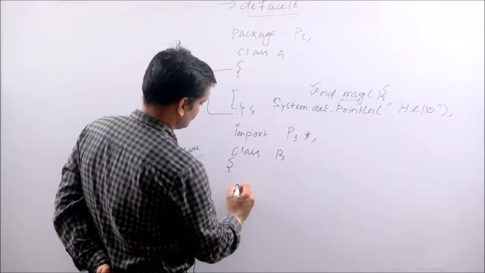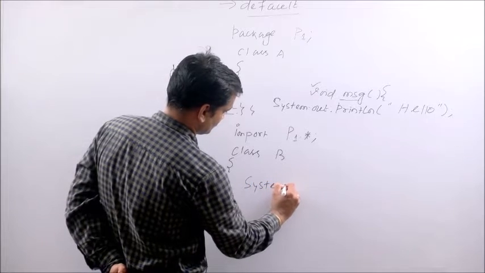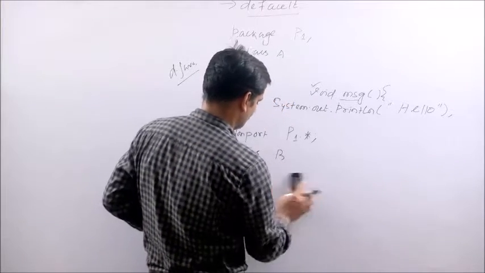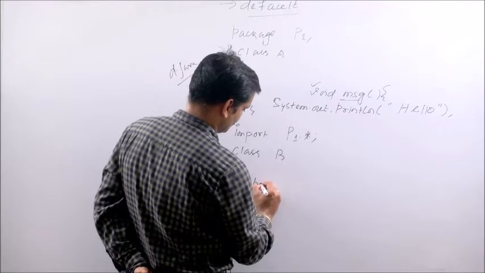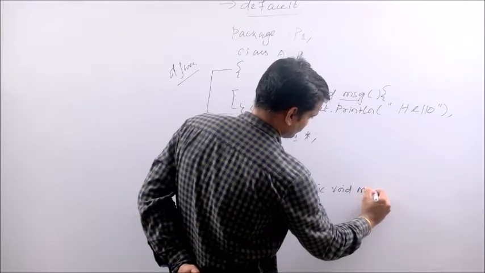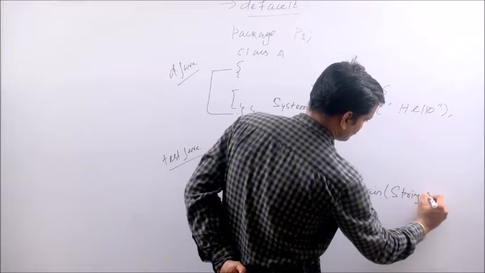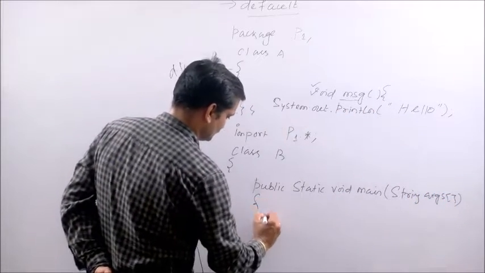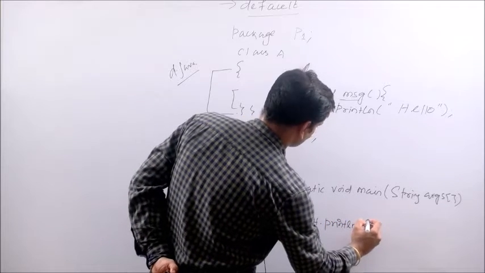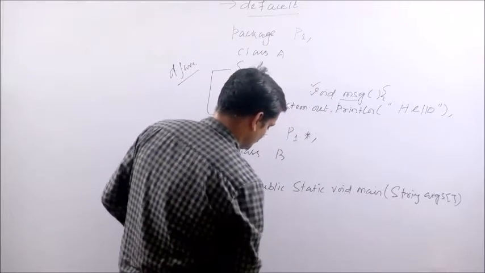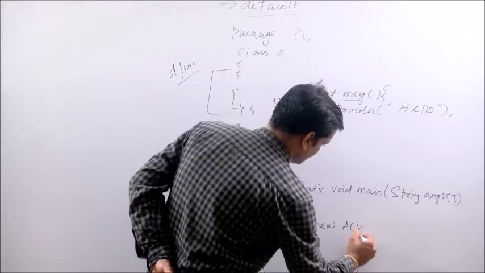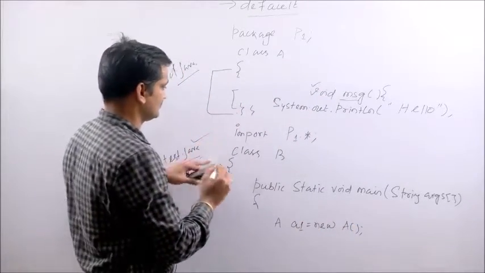This is class B, and within the main method, you create one object of A. You can create one object of A because this is a different program, test.java.